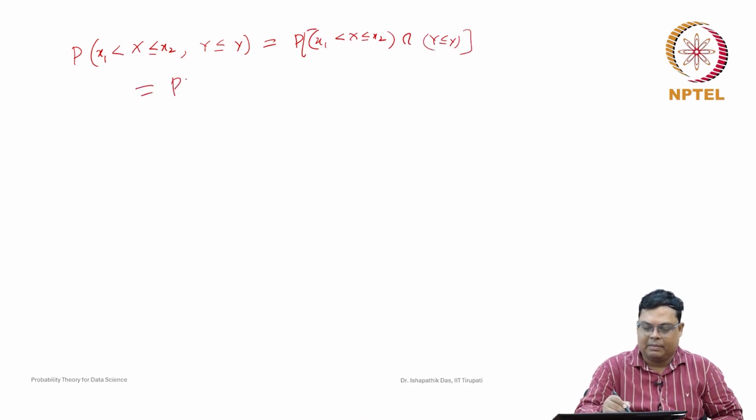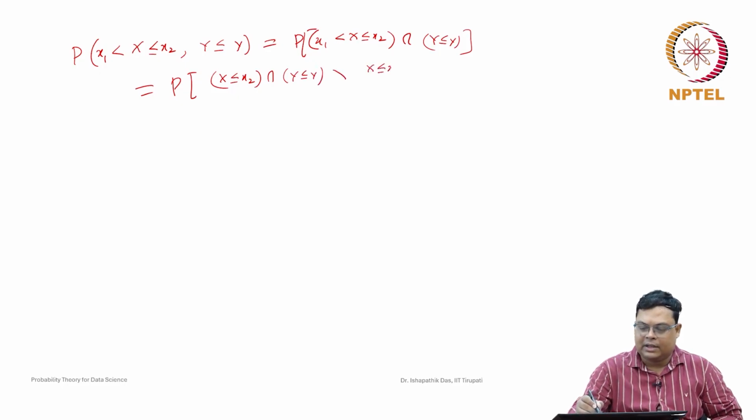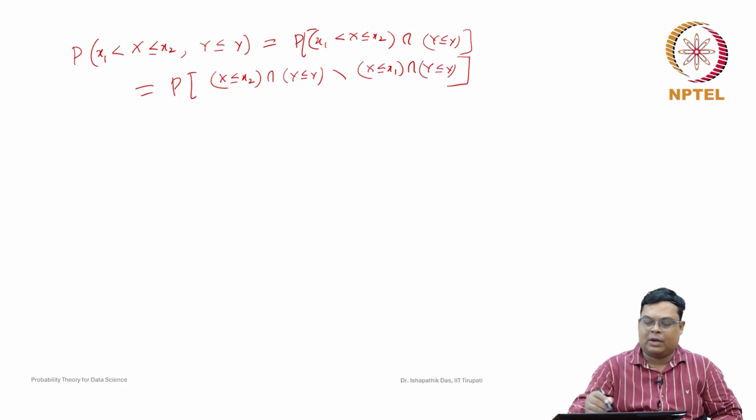This event we have represented by {X ≤ x2} intersection {Y ≤ y} minus {X ≤ x1} intersection {Y ≤ y}. That we have already shown, just now we have shown it.